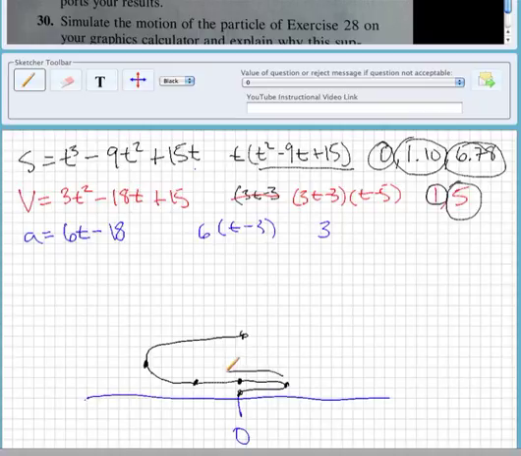So it speeds up, starts slowing down. At this point right here is where it starts slowing down. So that's the nature of the particle. It doesn't really have this axis right here, but it just moves out this way, comes back that way, and goes up. So that's kind of what your graphing calculator should look like.